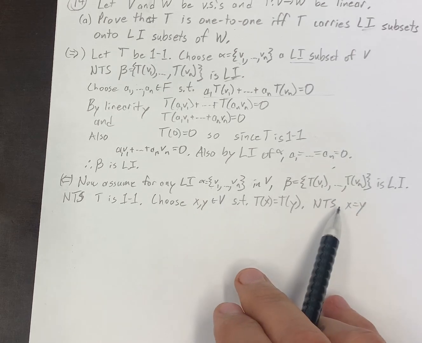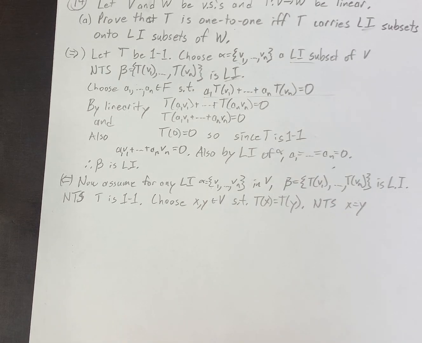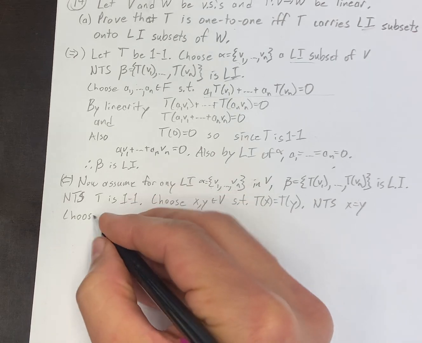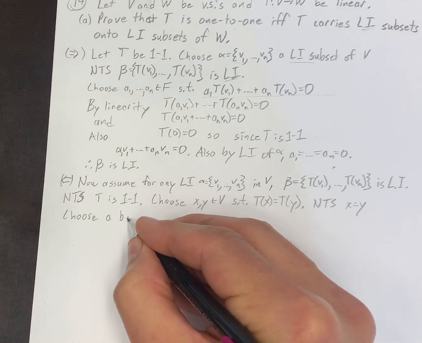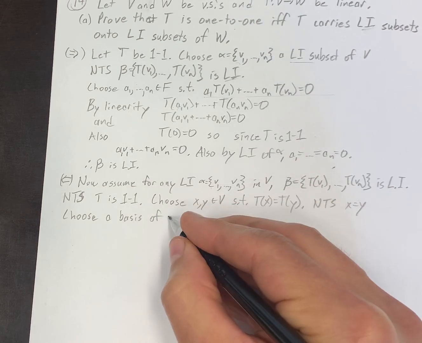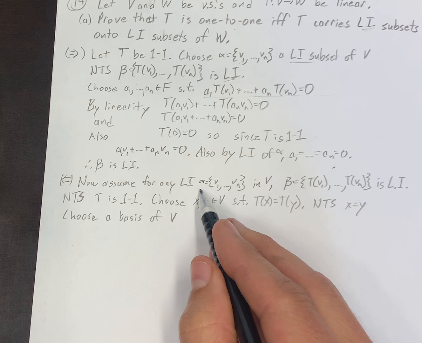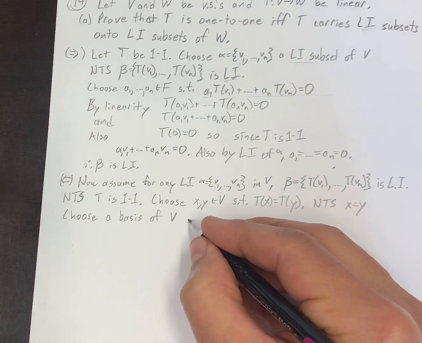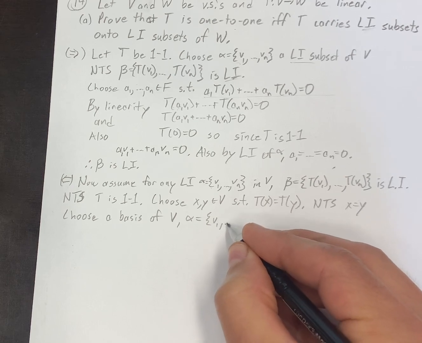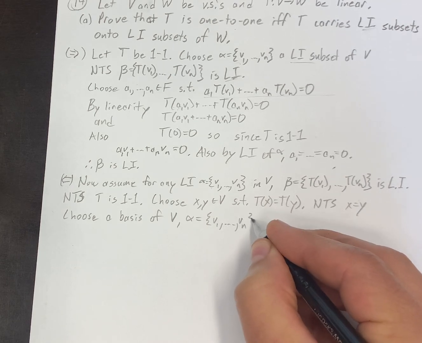Let's rewrite these in terms of a basis. So choose a basis of V, and for convenience, I'll use this same notation, alpha equals v1 to vn.